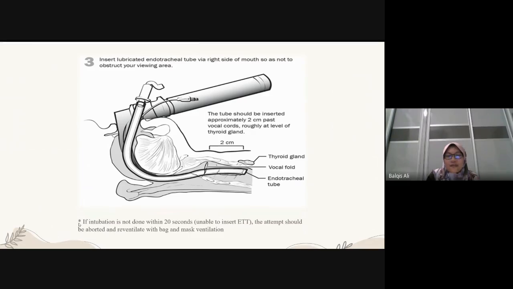Okay, this is what you have to note: if intubation is not done within 20 seconds, you cannot insert the ETT at that time. So you have to abort the attempt. You have to pull back the laryngoscope and re-ventilate with bag and mask ventilation until the patient is stable again. Then you may re-attempt the intubation. Okay.